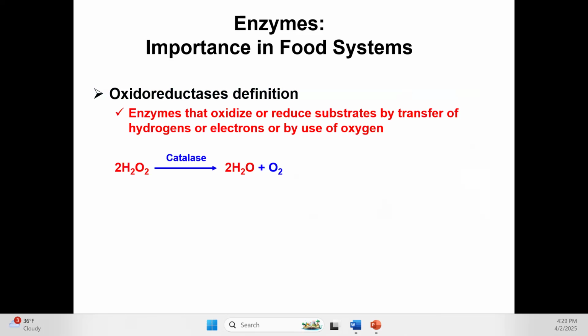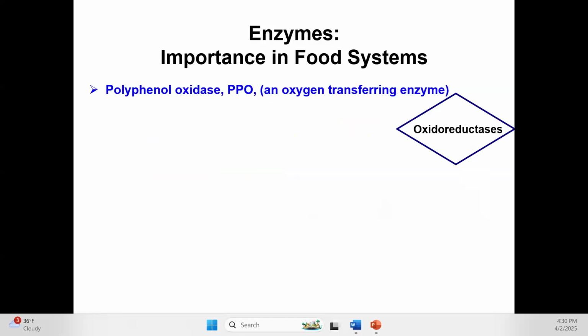So if you have peroxides that you want to get rid of in your food or ingredient, you add catalase or peroxidase. The most common one that is very problematic is polyphenol oxidase, because close to 60% of produce is lost because of browning.